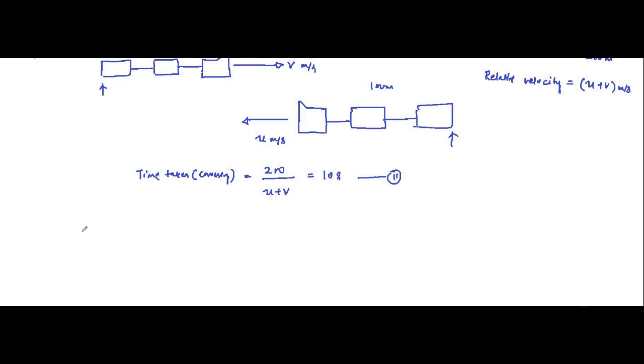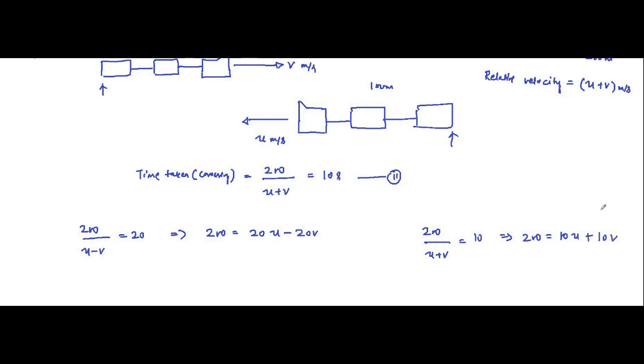So 200 by u minus v is equal to 20. That implies 200 is equal to 20u minus 20v. Then 200 by u plus v is equal to 10. That implies 200 is equal to 10u plus 10v.